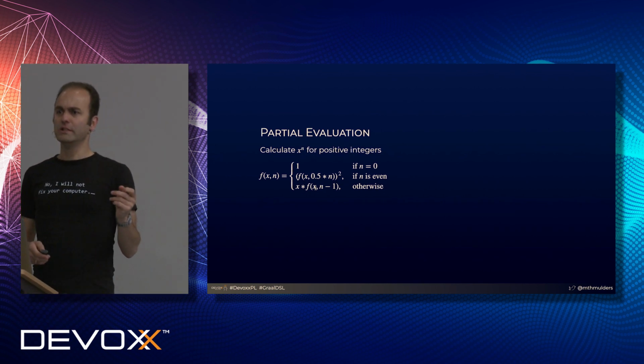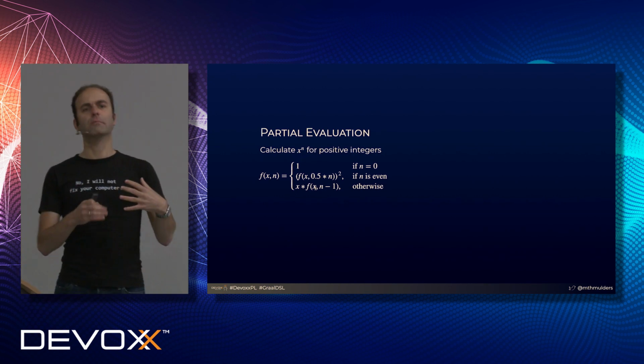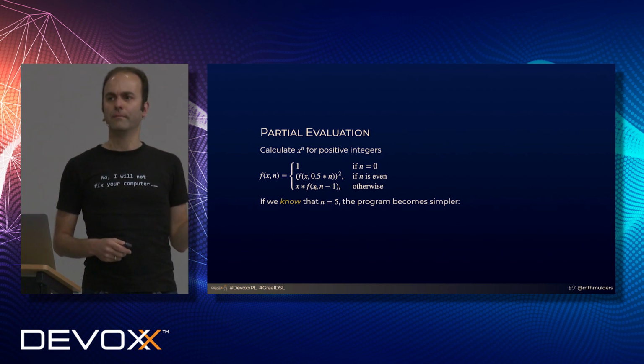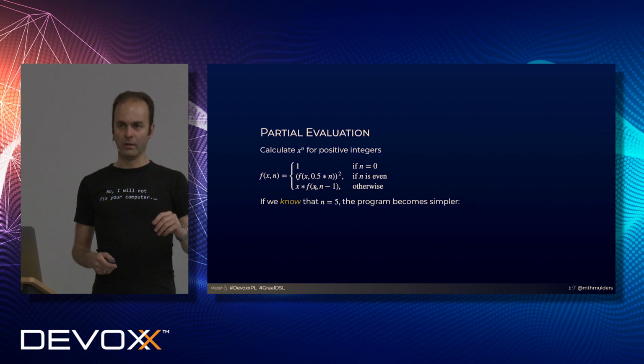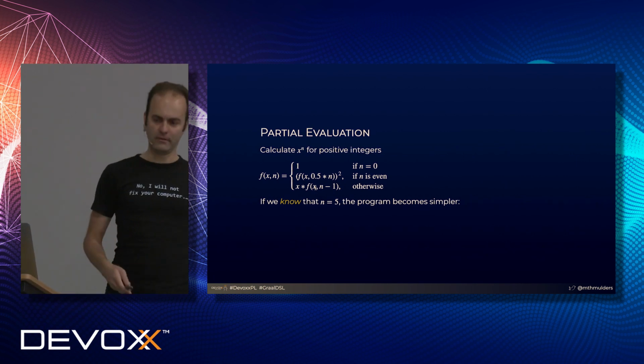Now, partial evaluation says, let's make an assumption. Let's try to reduce the complexity of this program. Let's just say, for example, that n equals 5. Now, if n equals 5, our program becomes a lot simpler because we can actually fill in some of the blanks, right?